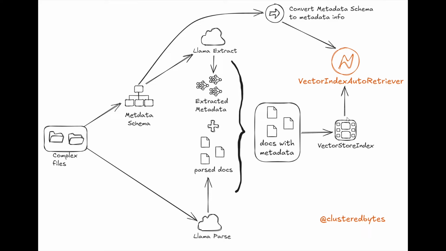Now we use the vector index and the vector store info to create a vector index auto-retriever. This special type of retriever takes a user query and, based on the user query, uses the LLM and the metadata info that we pass to it in order to automatically generate a list of metadata filters that will be applied during retrieval to get the relevant list of nodes.